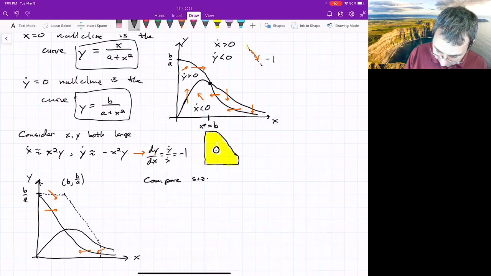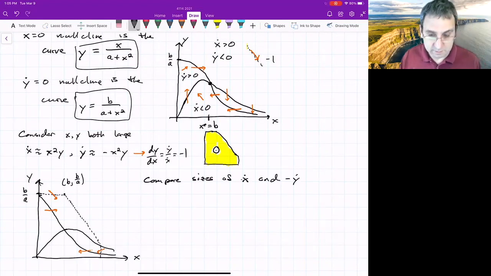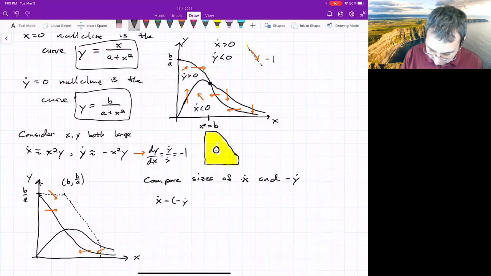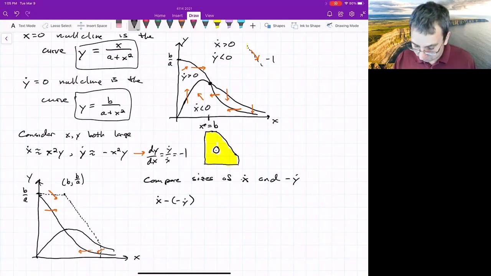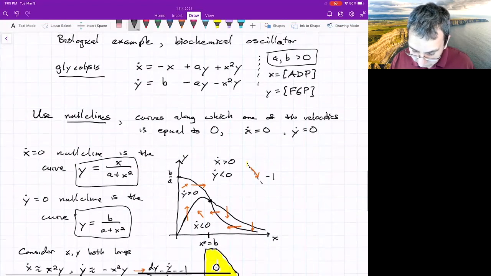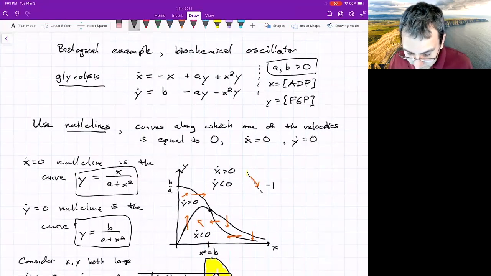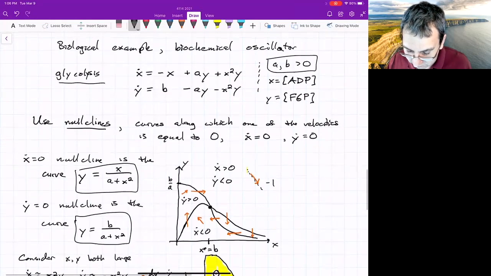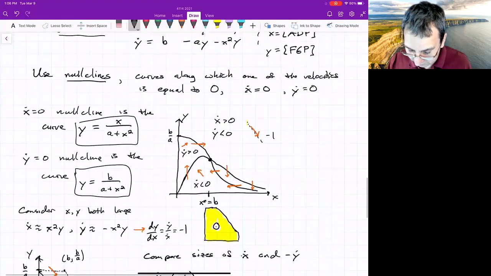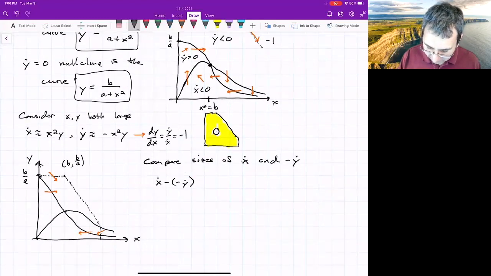In fact, let's compare the sizes of x dot and -y dot. So we could do that by writing x dot plus y dot. And then from the formulas up above, you'll notice there are things that cancel. Like the most annoying term that's cubic, the order 3 x squared y, is going to cancel.